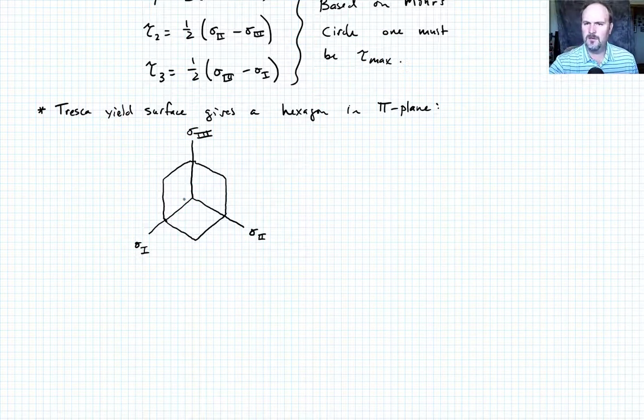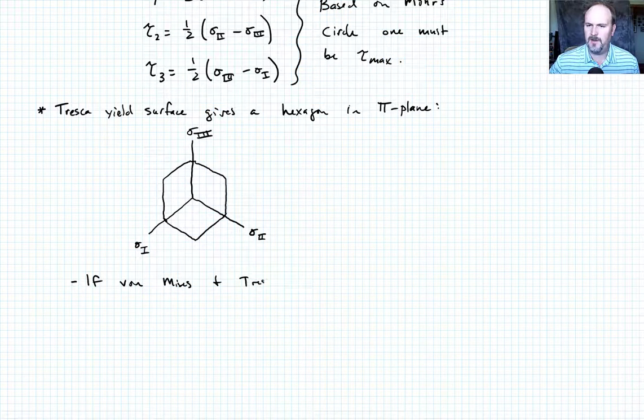And so this is how it looks in the pi plane. If you want to remember, the von Mises looked like a circle. So how does that look relative to the Tresca? So we need to define something and say that if the von Mises and Tresca, right? We have to decide where we want those criteria to agree.